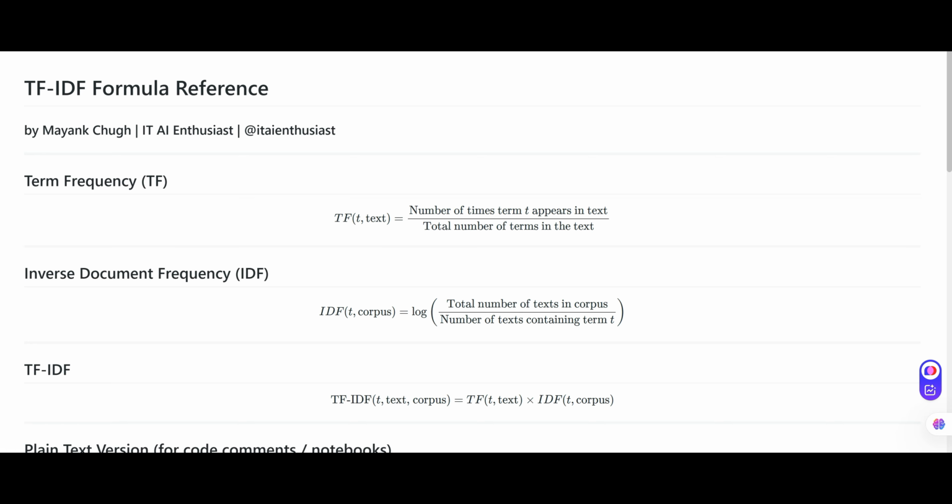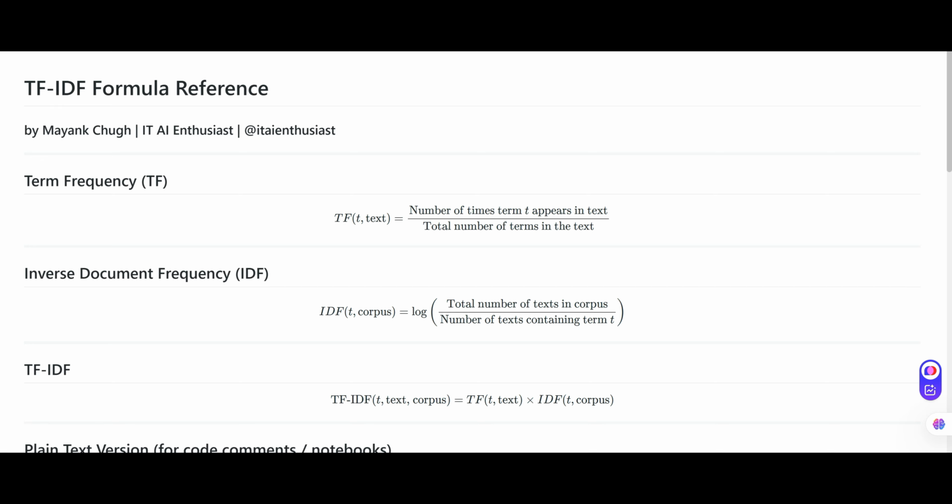Example, if the word keyword appears 3 times in a sentence that has 10 words total, the TF score for keyword in that sentence is 3 divided by 10, which is 0.3. Simple, the more a word appears in a document, the higher its TF score.